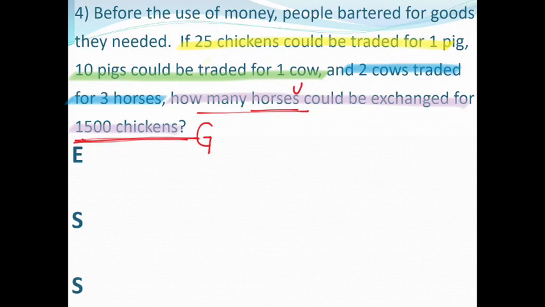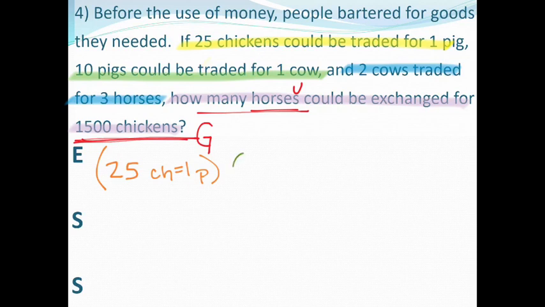But I'm going to take these other numbers and turn them into our unit equations, because every other number in here was telling us what was equal to something else. So first off, 25 chickens equals 1 pig. I'm going to have to make up some abbreviations for these words, because I'm not going to be able to fit it all in if I had to write all of those words out.